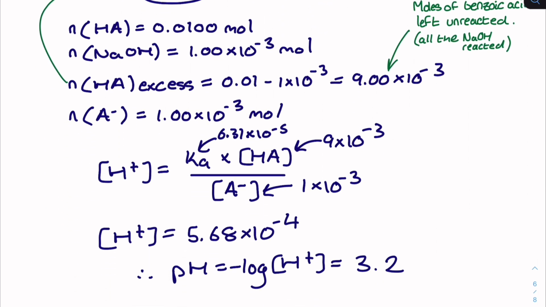But remember, I don't need to do that here, and what I can do to save some time is just put the mole values for these in instead. So this isn't a mistake, it's just a little bit of a shortcut, and you actually find this is used very often in exam mark schemes, and you don't often get much credit, if any, for converting into concentrations at this point because it's not required.